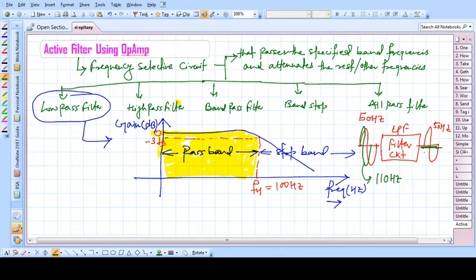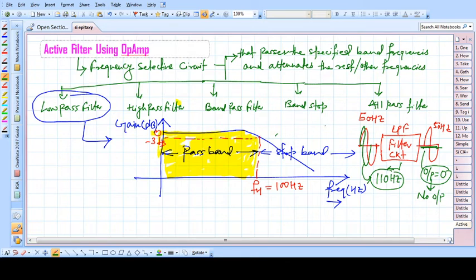The output will be 0, no output, because this circuit can pass up to 100 hertz. Above this 100 hertz the circuit cannot pass.